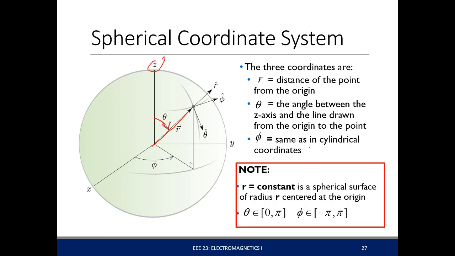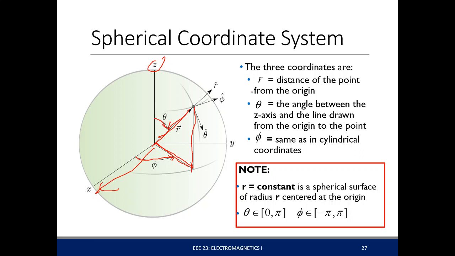And phi is the same as in your cylindrical coordinates. But in this case, first you need to project that vector to the xy plane. So this is the projection of your vector to the xy plane, and you get the angle phi between the x axis and that projection right there.